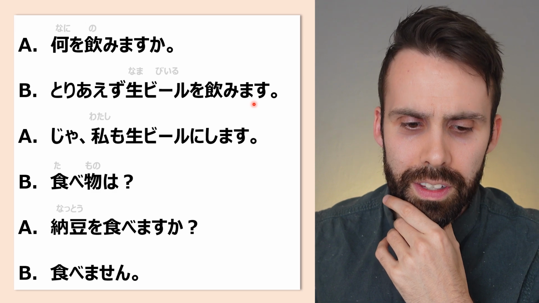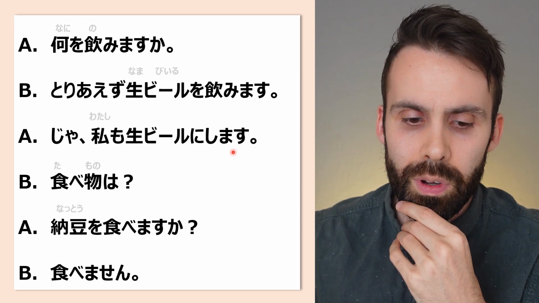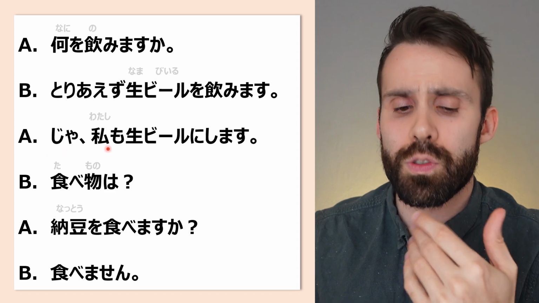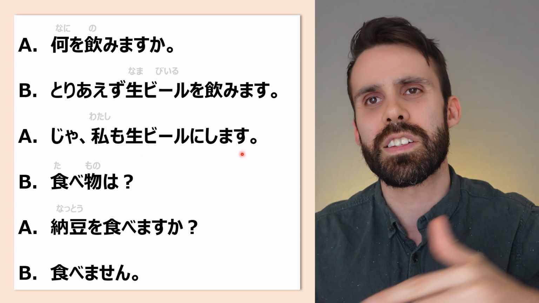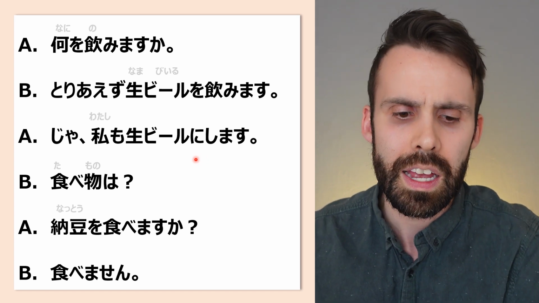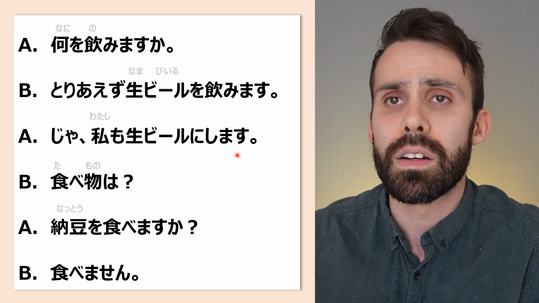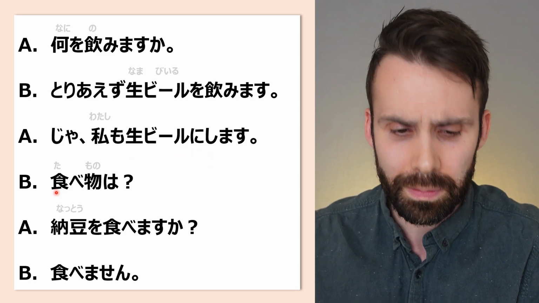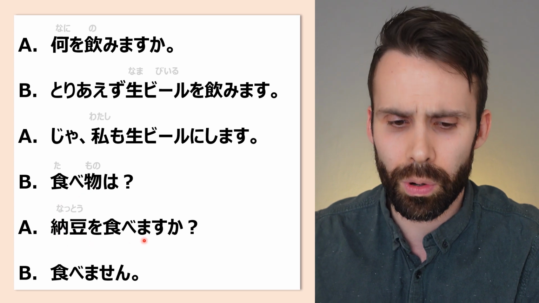じゃあ私も生ビールにします. Well then, 私も so me as well. 生ビールにします. So you can use にします to say that you're deciding on something, that you're going to pick something. So 生ビールにします。食べ物は So what are you going to eat? 食べ物は納豆を食べますか? Do you eat 納豆?